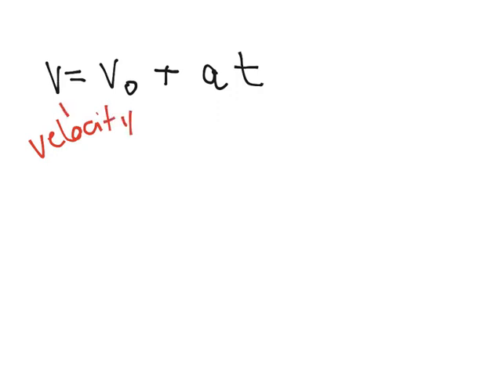Moving right along, our next equation is getting the final velocity, which is equal to the initial velocity plus the acceleration times time. You'll notice my t's, I try to make them curved to make sure you can tell it's not a positive sign. So as I said, v is for velocity. That is the final. This is initial velocity.